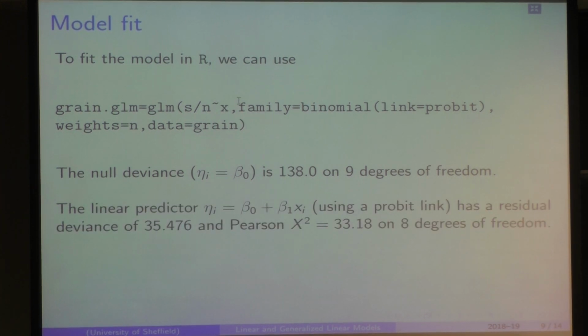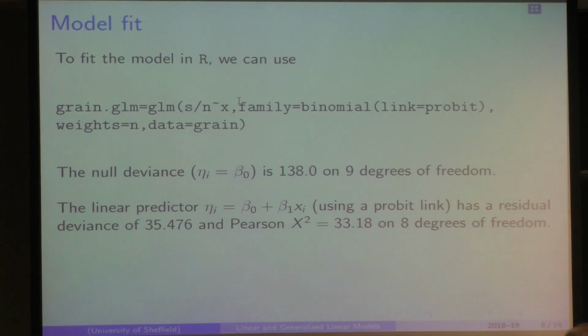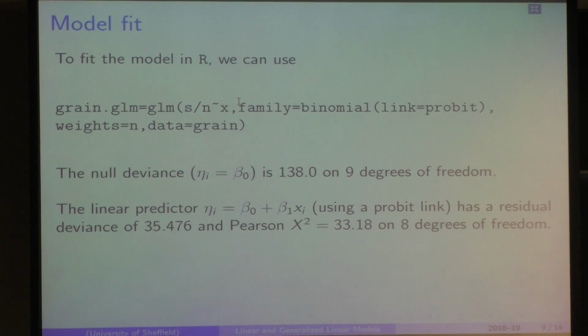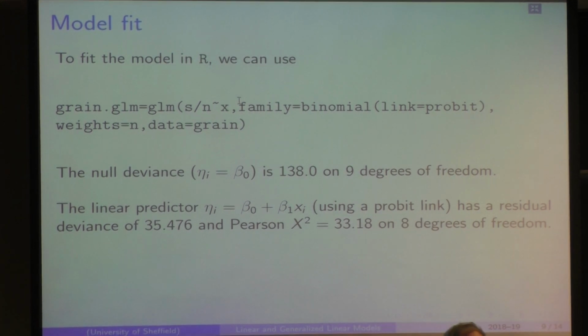If we use a linear predictor, so just the obvious one, beta 0 constant term plus a linear term, beta 1 times the log concentration, with the probit link, we get a residual deviance of 35.476.